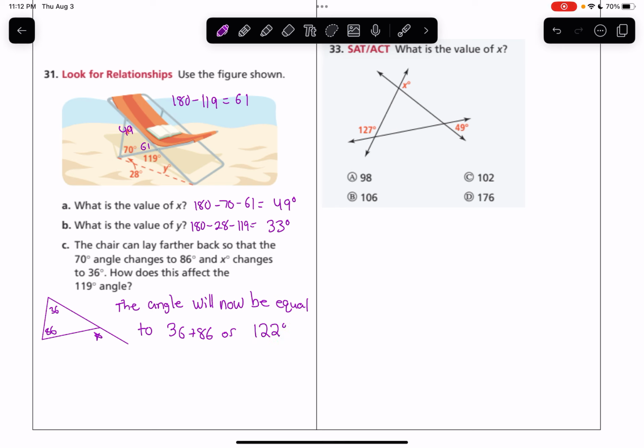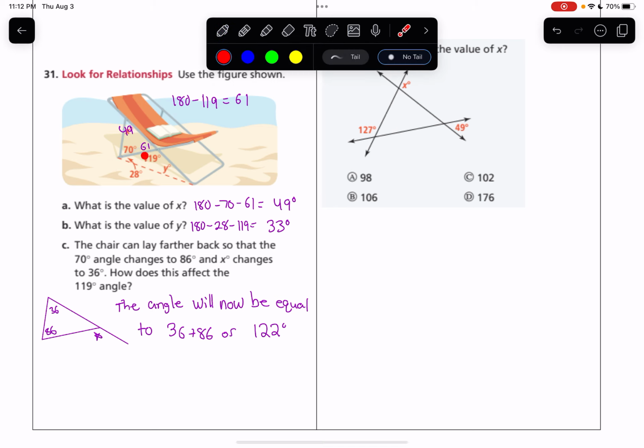So this angle changes, right? This angle right here changes from 119 to 122 if these two changes are made to these two angles.